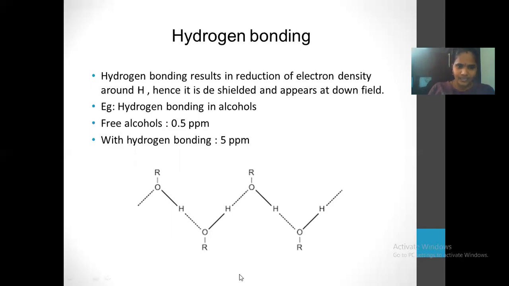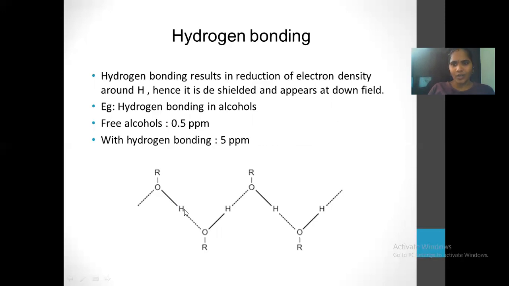Generally we observe this hydrogen bonding in alcohols. If it is ROH, and the hydrogen is connected with only one oxygen, there is enough electron density around the proton. But as it is shared with another oxygen also, the electron density is reduced on this proton, and hence its value will change.